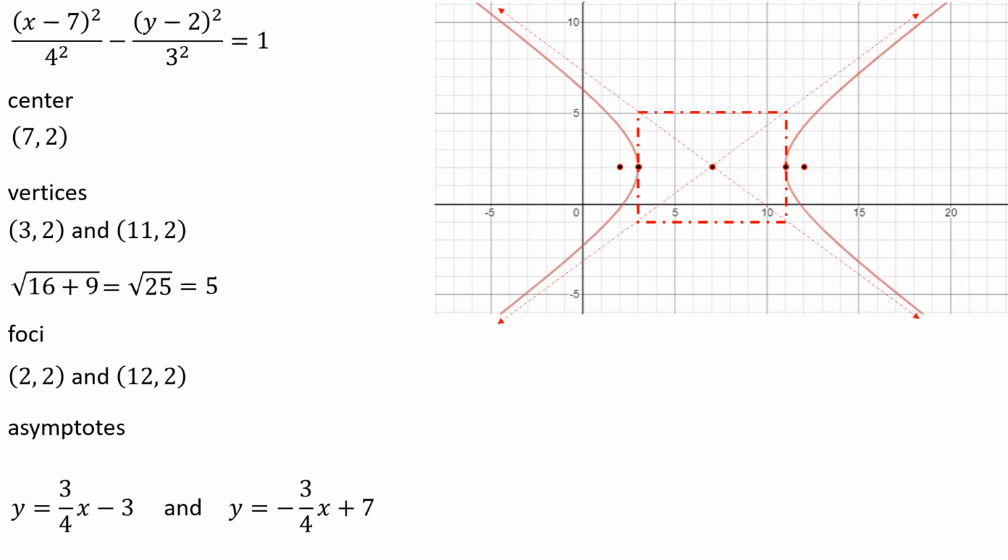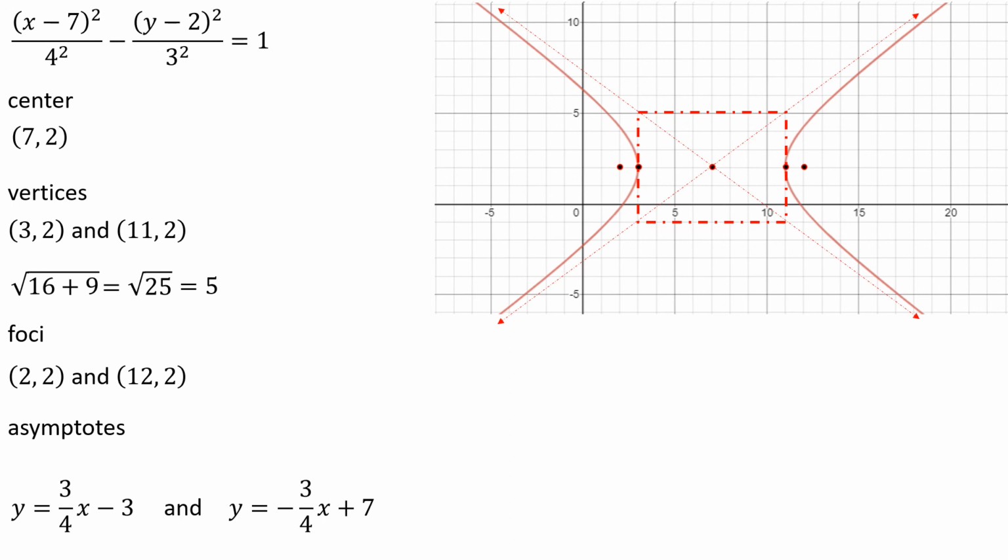And so now I can actually graph my hyperbola. Right? They will approach the asymptotes, and they have to go through the vertex. And just like a parabola, you know how the parabola wrapped around the focus, the hyperbola will wrap around the focus also, right?